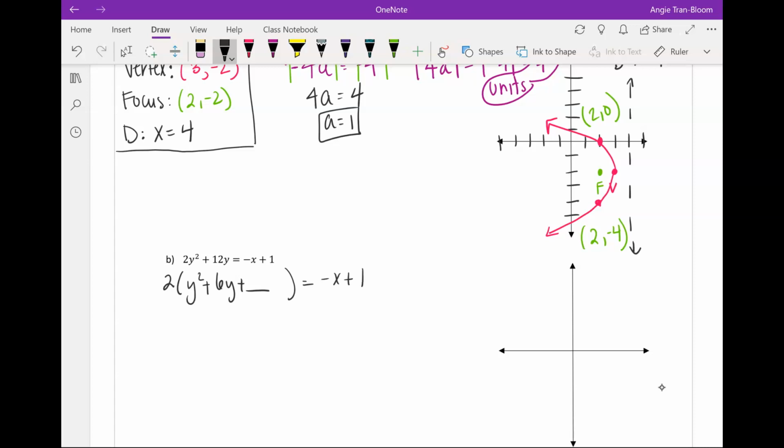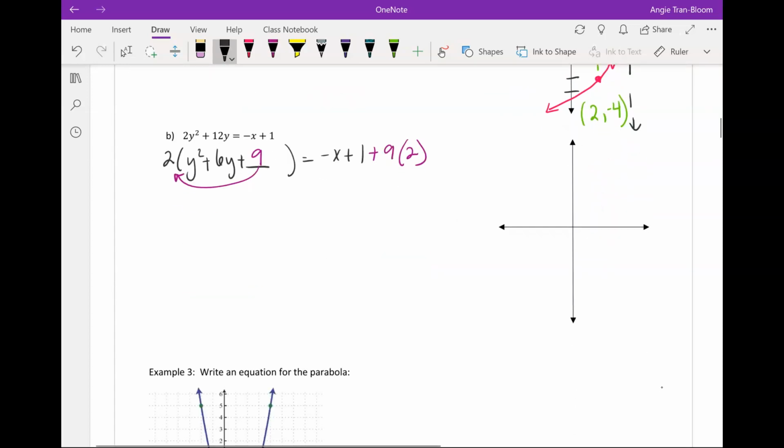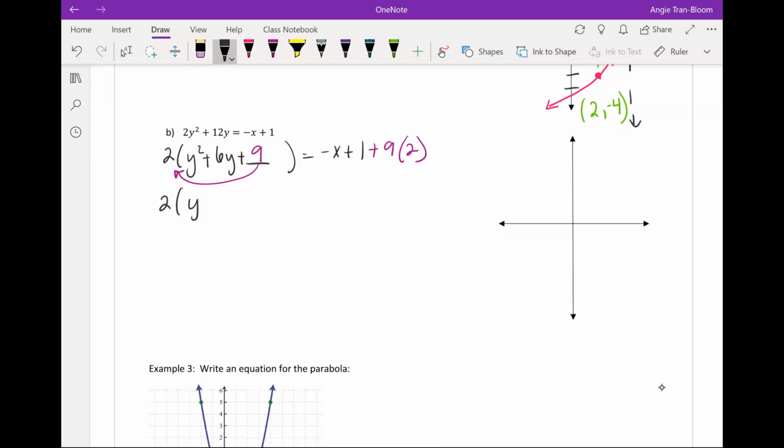We do not need to complete the square for the x because we don't need to factor that out. Half of 6 is 3, 3 squared is 9. I'm going to add 9 over here, but that 9 is really being multiplied by 2, so this is really 9 times 2. This is now factored as y plus 3 quantity squared equals -x.